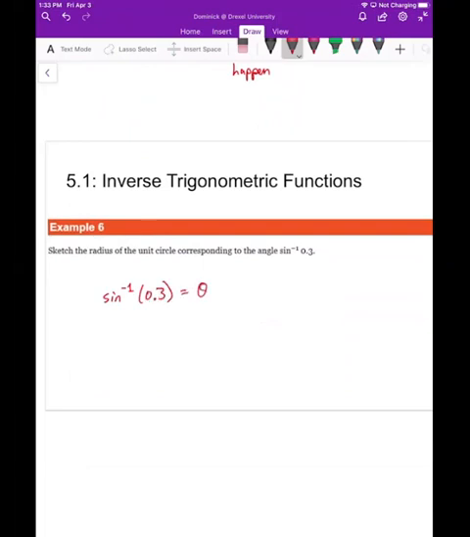All right, now you can do this one of two ways, just like we did before. We can either enter this in the calculator, which we'll do in a second, but we can also say that this is the angle whose sine is 0.3, or whose y value is 0.3.